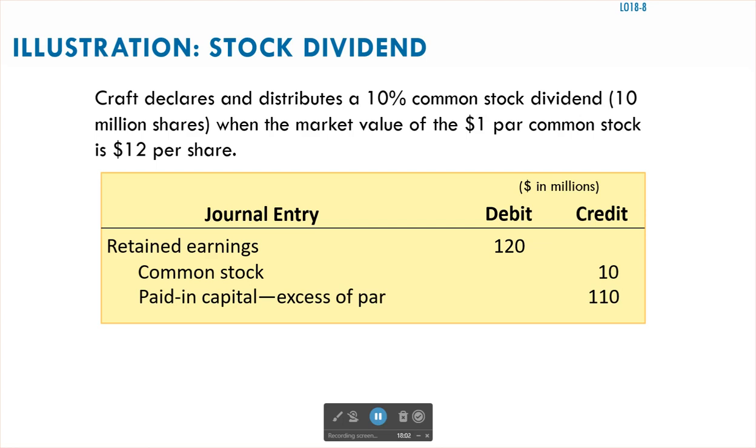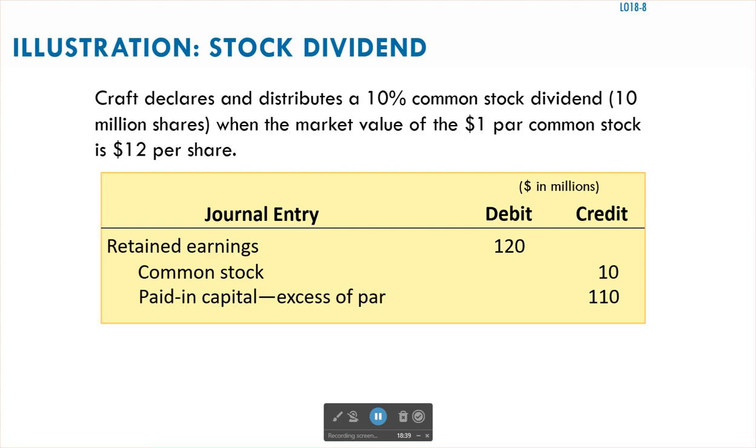So market value on this is $12 a share, and 12 times the 10 million shares is going to be 120 million, and that's the debit to retained earnings. And if you remember our rules about common stock always being credited for par times number of shares, you'll have no problem with this, because that's going to be 10. And the paid-in capital in excess of par is going to be the difference between market and par.